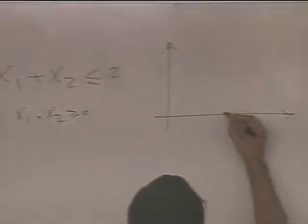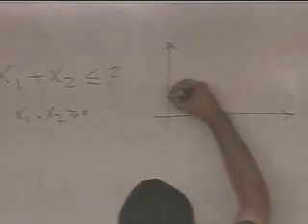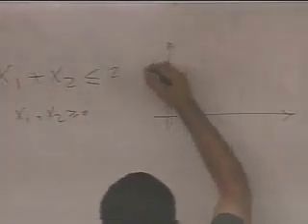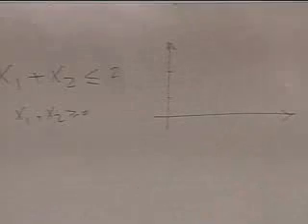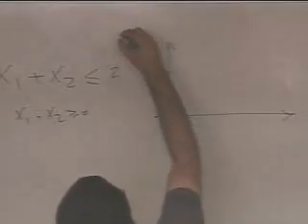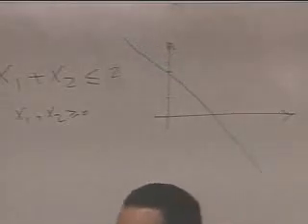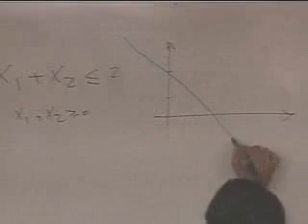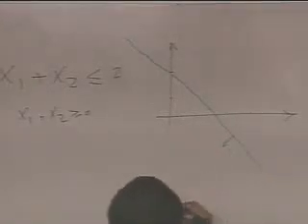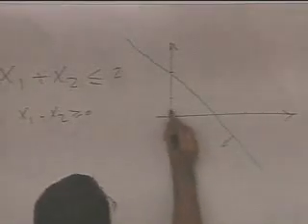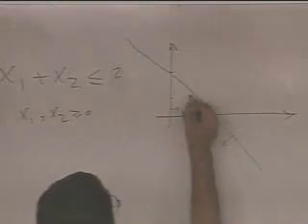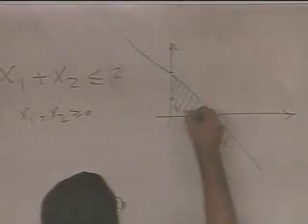This means that you draw the line x1 plus x2 equals 2. It would be this line. Okay, this is our line. And then we want it to be smaller than 2, so we mean this side of the line. Because these two have to be positive, this side and this side, our feasible region would be something like this.